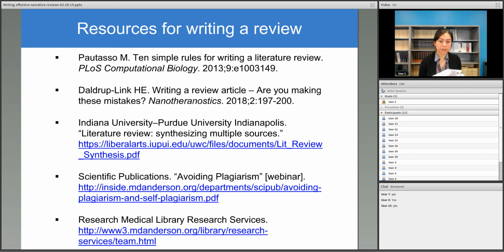The Indiana University link goes to a guide from their University Writing Center on how to synthesize multiple sources, including how to create a table to compare related references. And below that is our webinar on avoiding plagiarism, which contains more in-depth information about summarizing and paraphrasing than I gave here. And finally, the Research Medical Libraries page for requesting a literature search.